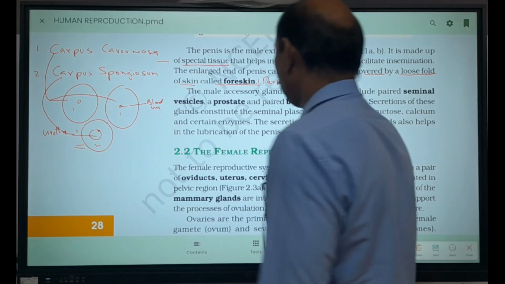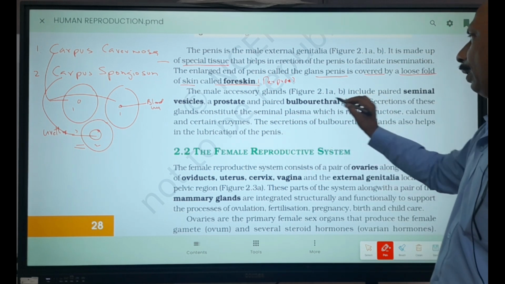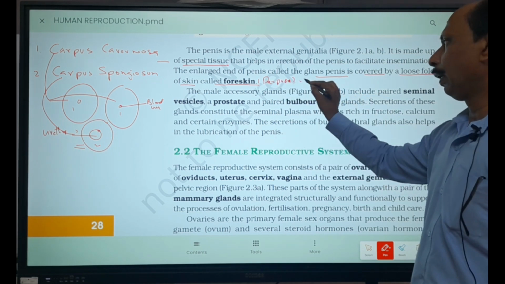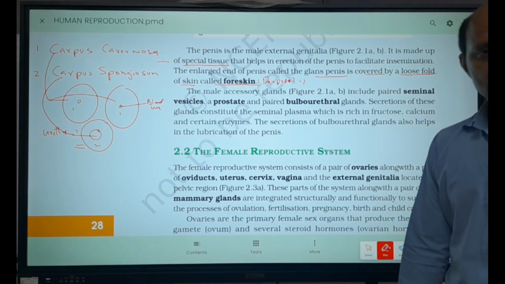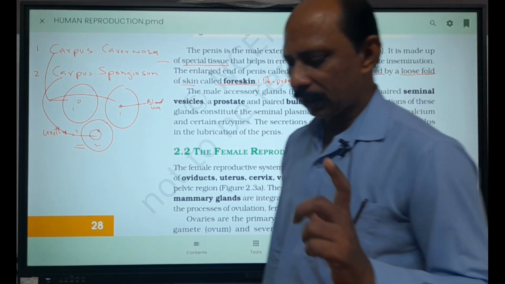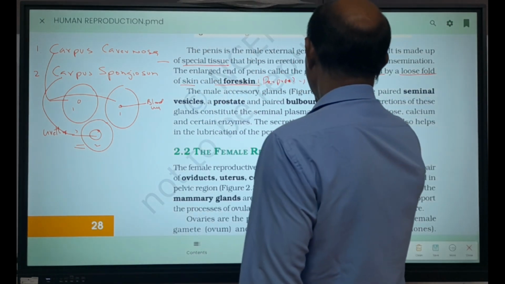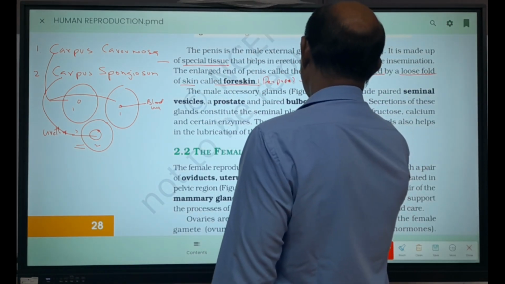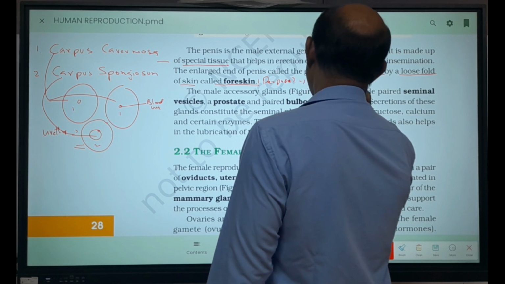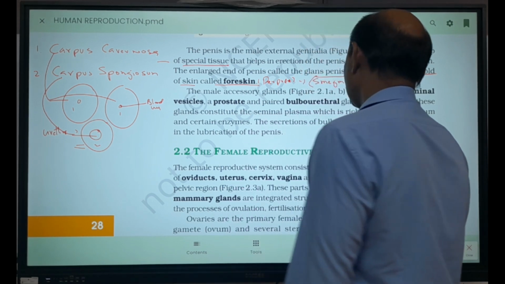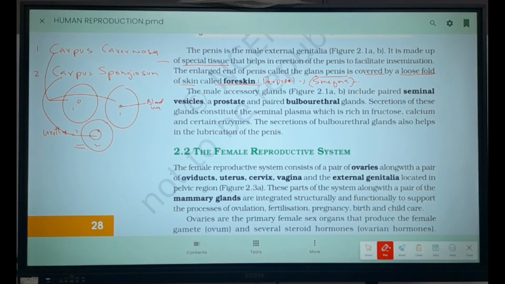Regarding the male accessory glands, look here, a special type of sebaceous gland is also present, and it secretes smegma, right? Smegma is antibacterial.